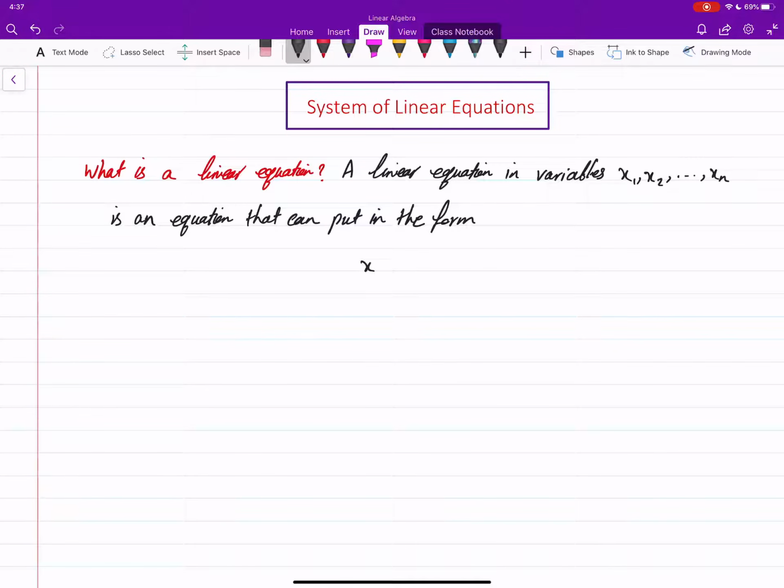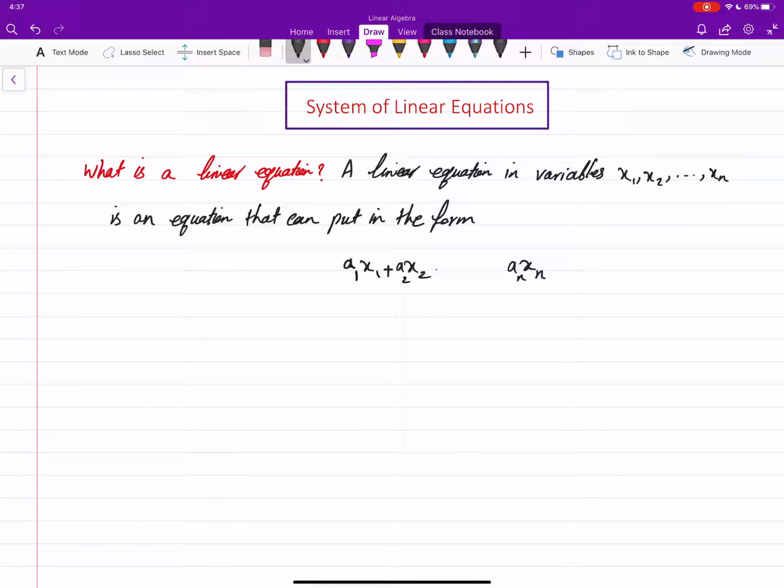So we have these variables x1, x2 up to xn. The equation is linear if the variable x1 is multiplied by a number, variable x2 is multiplied by another number, and so on up to xn.